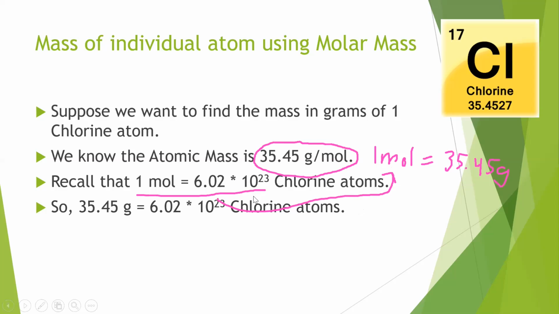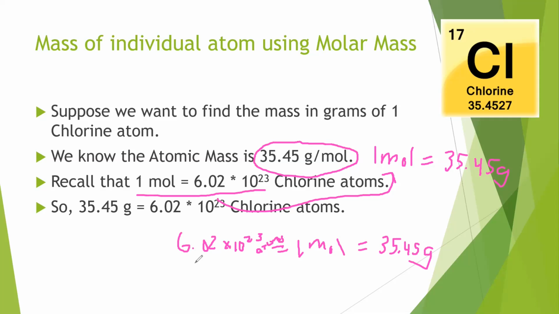So we could use the transitive property and deduce that 6.02 times 10 to the 23rd atoms equals 1 mole equals 35.45 grams. Sorry for my bad handwriting.